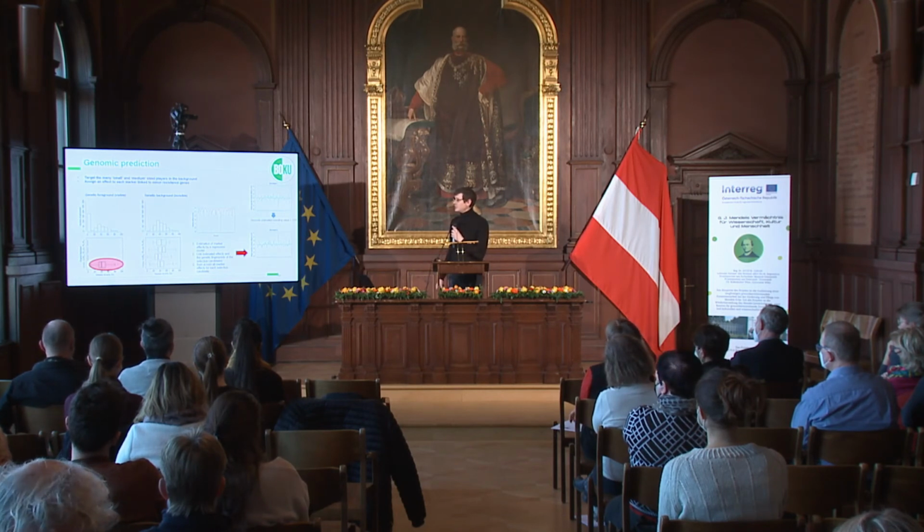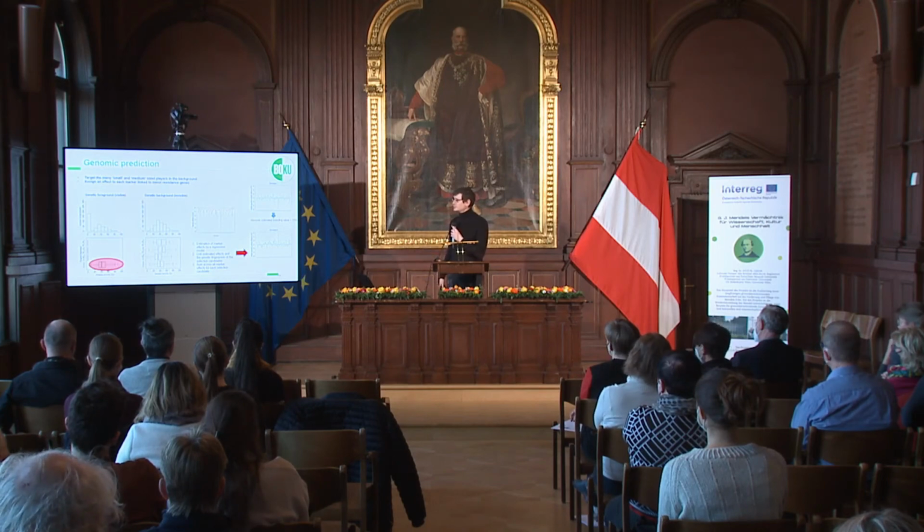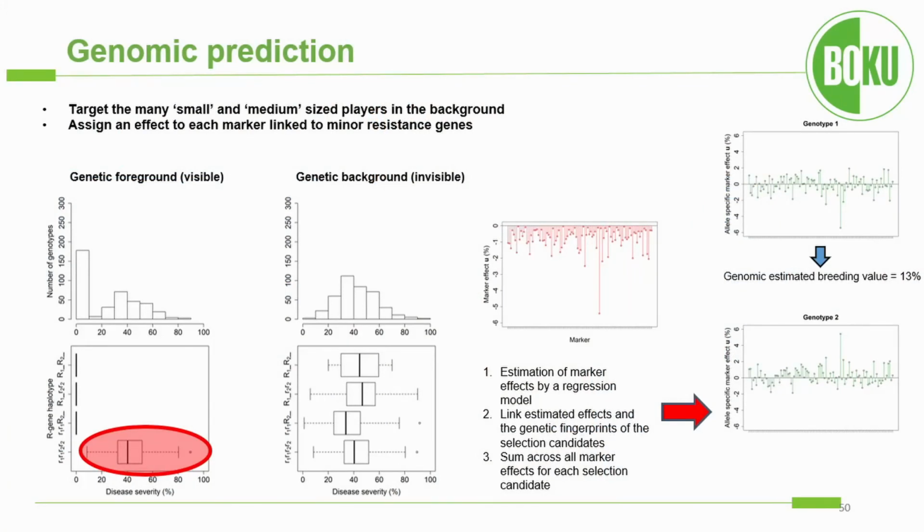Genotype 1 comes out pretty well, just based on the prediction, with a disease severity of 13%, so more on the resistant side, while genotype 2 in the background would be quite susceptible with 50% disease severity.